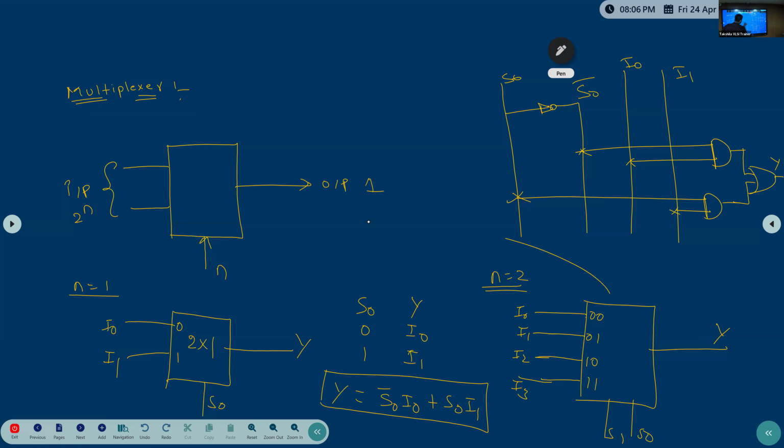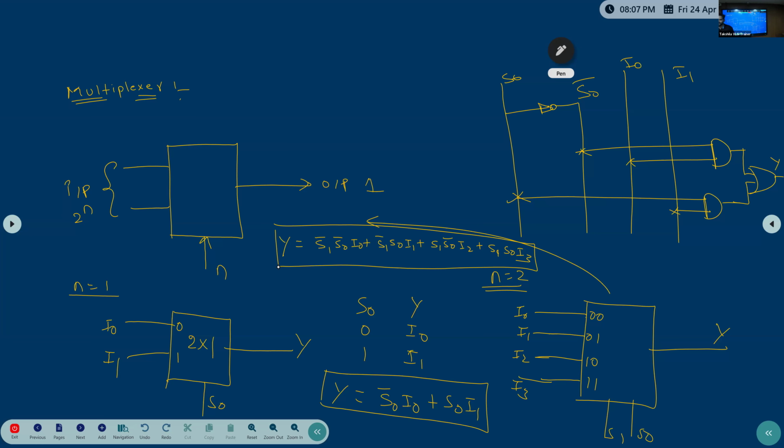Y equals S1 bar S0 bar I0 plus S1 bar S0 I1 plus S1 S0 bar I2 plus S1 S0 I3. Based on this equation, you can represent the circuit like this. Simple. Clear? Any questions, any doubts?